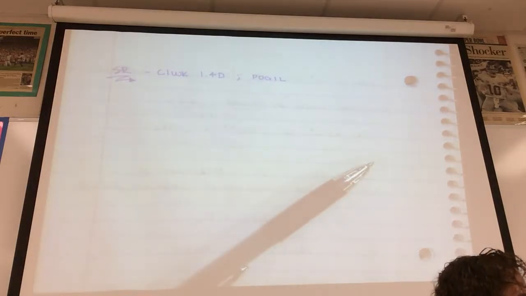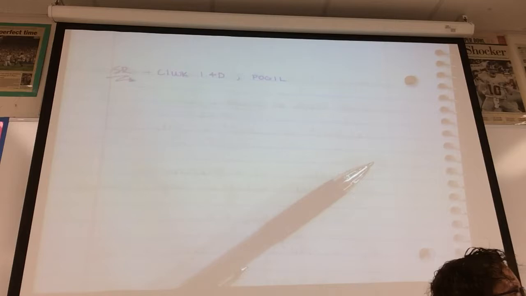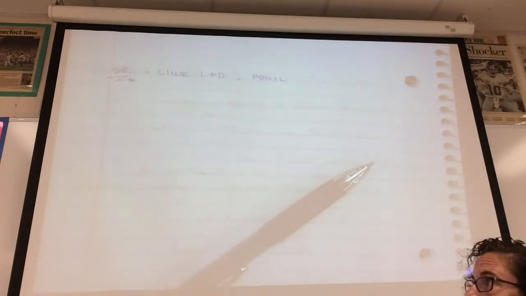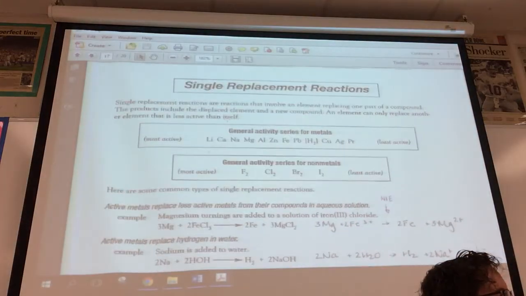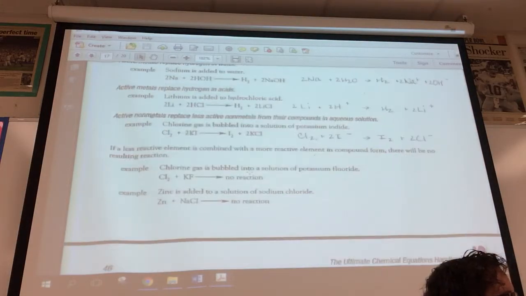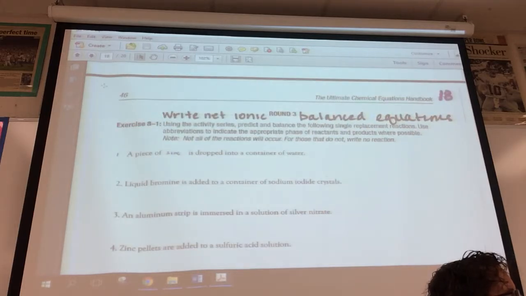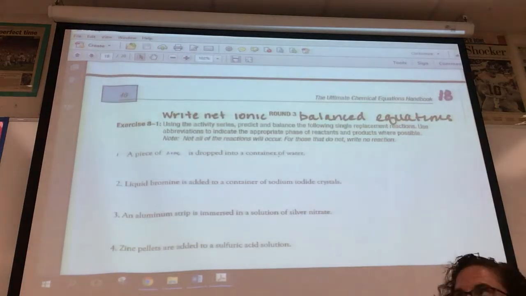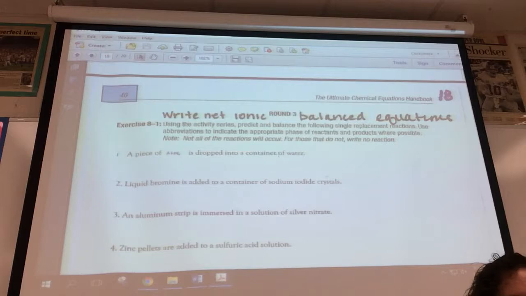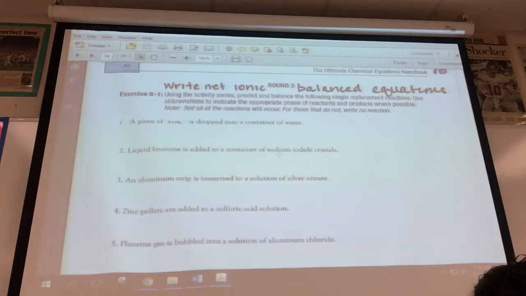If we look at classwork 1.4D, that's the single replacement stuff. If you look at page 46, it's going to be toward the end of the packet. I want you to try 2 and 3.